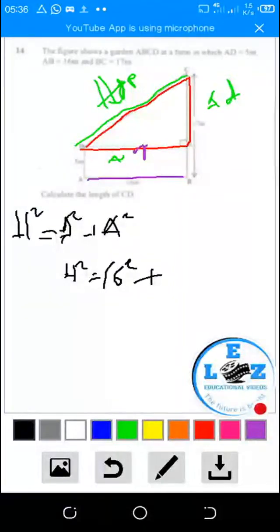What is the length of adjacent CE? The one I've marked in yellow, we don't know. So how can we do this?